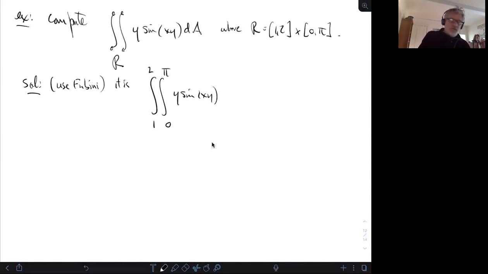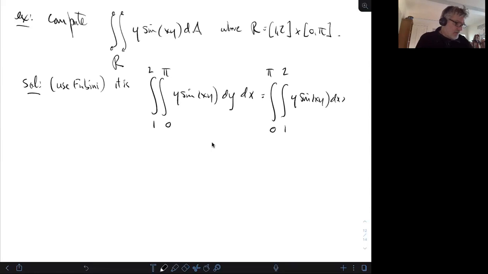So again, be careful. 0 to pi is the y values, so dy here, dx, or integral 0 to pi, integral 1 to 2, y sine of xy, dx dy.